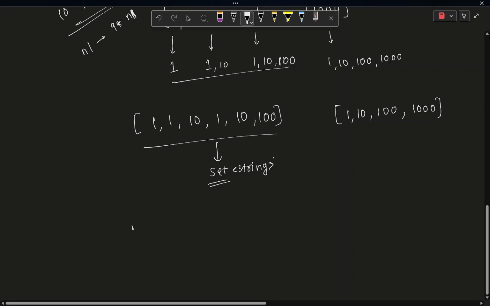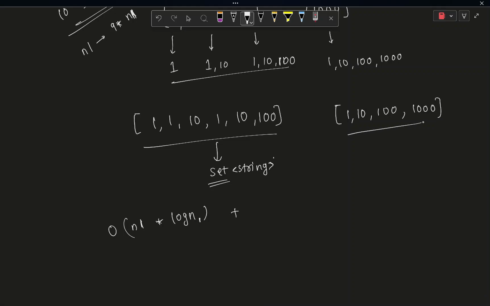So first of all, you will have n1 numbers which you put one by one into a set of strings. So it will take you big O of n1 times log n1 time. After that, for each and every number in the second array, the array length is n2, so it is approximately n2 now.